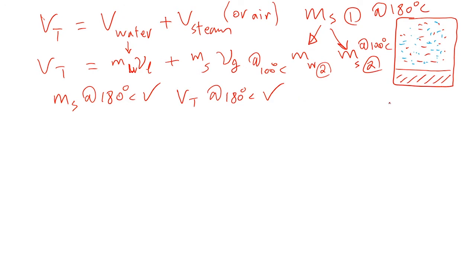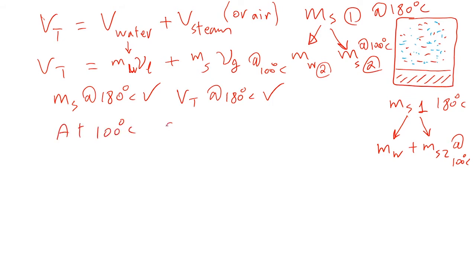As we discussed earlier, mass of steam at case 1 at 180 degrees Celsius split into two masses, mass of water plus mass of steam 2, both at 100 degrees Celsius. So at 100 degrees Celsius we can calculate the specific volume for both water plus steam at case 2.